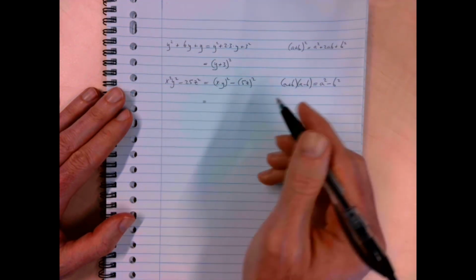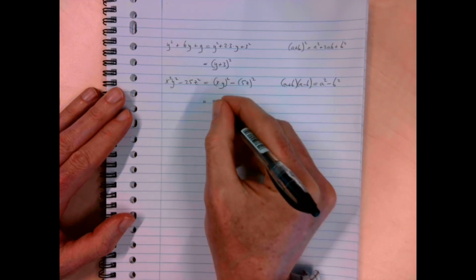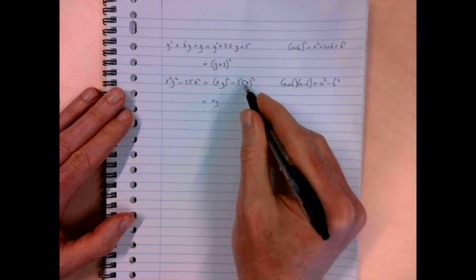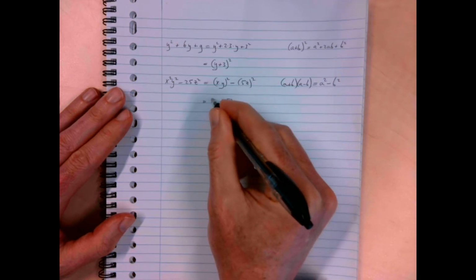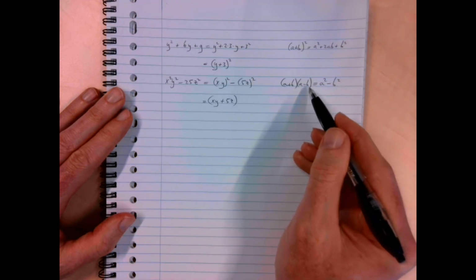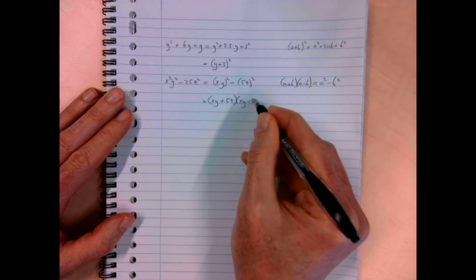So what's a? In our case, a is xy, plus the b here is 5z, so plus 5z, multiplied by a minus b, which will be xy minus 5z.